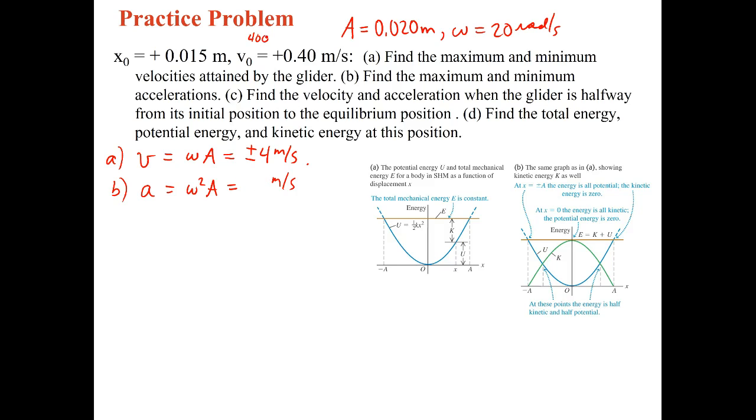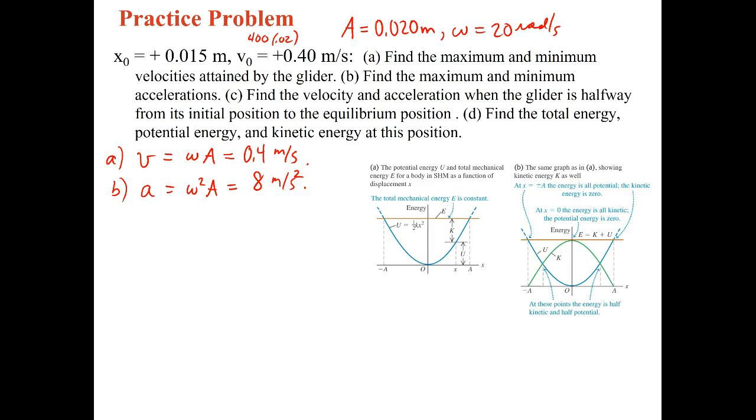So 400 times 0.02 is going to be... Okay, so it actually turns out that I can't do math at all. This is 0.4 and this is 8 meters per second squared.